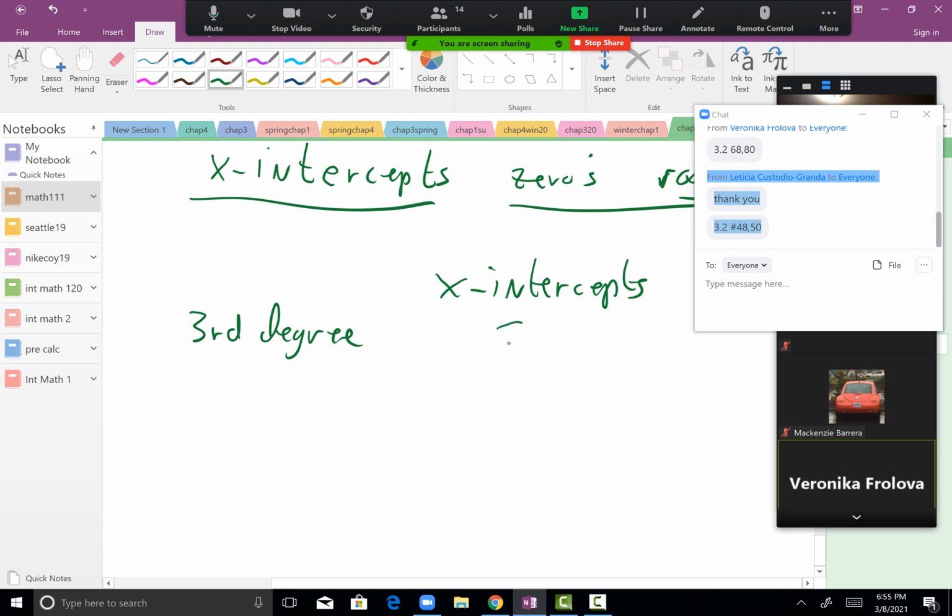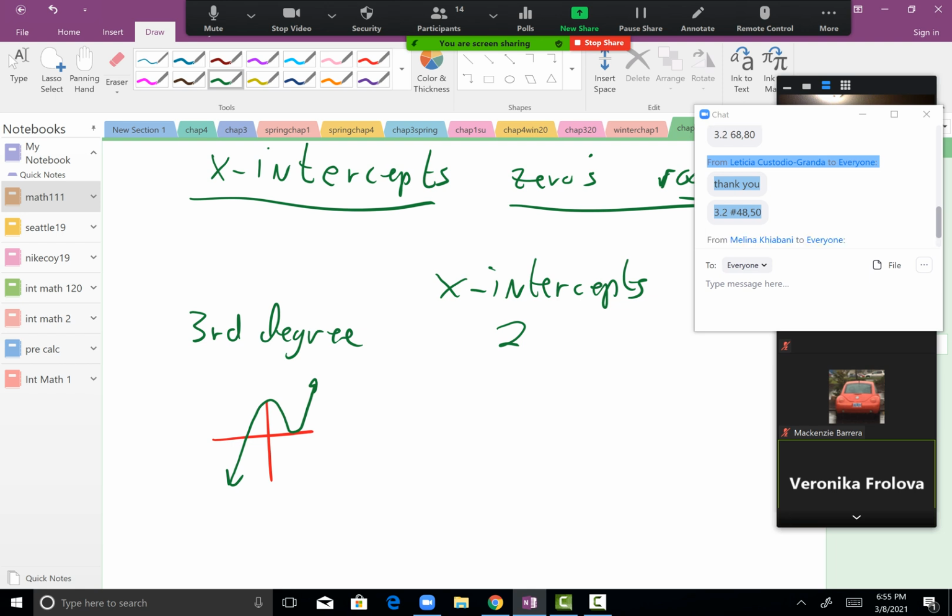Two. We could have 2, right? And I could draw that, and a bounce. What other situations of x-intercepts can we have? One, yep. Or none. Well, that's good.